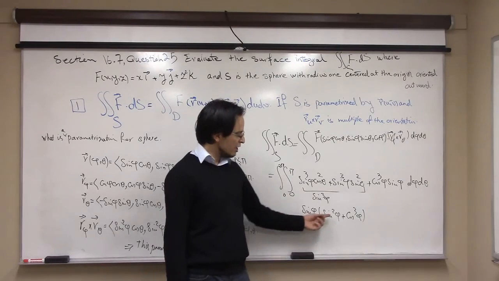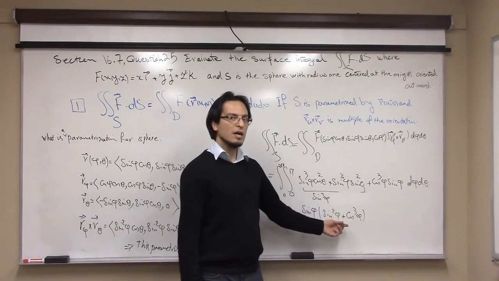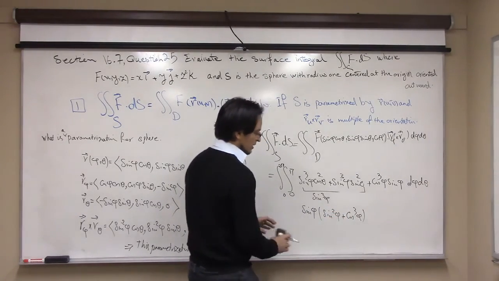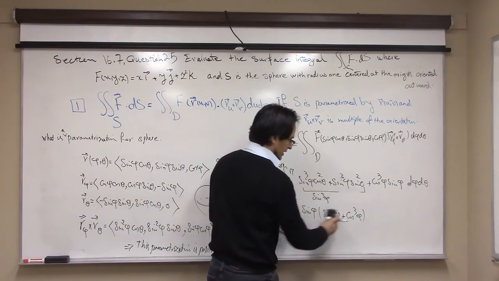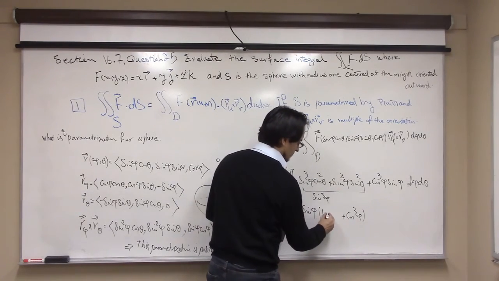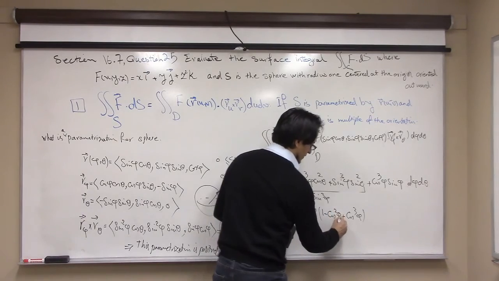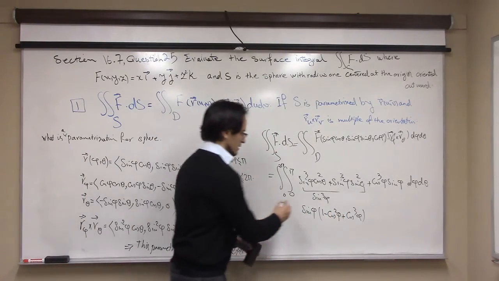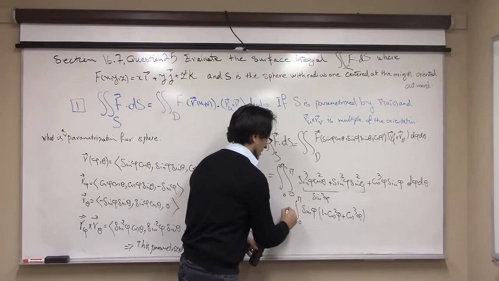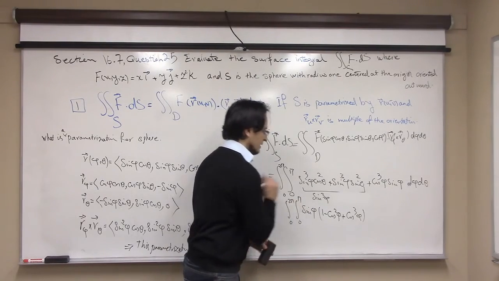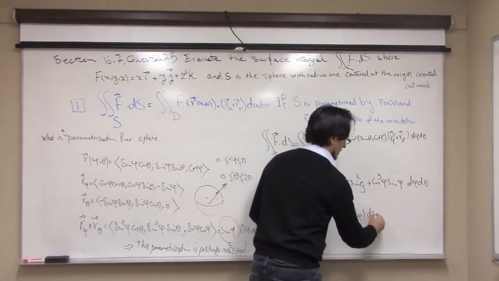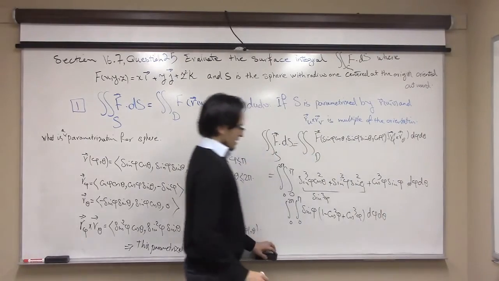I have it there. But this is also sine phi, so instead of sine squared phi, I can write 1 minus cosine squared phi, with phi from 0 to pi, theta from 0 to 2 pi, d phi d theta.